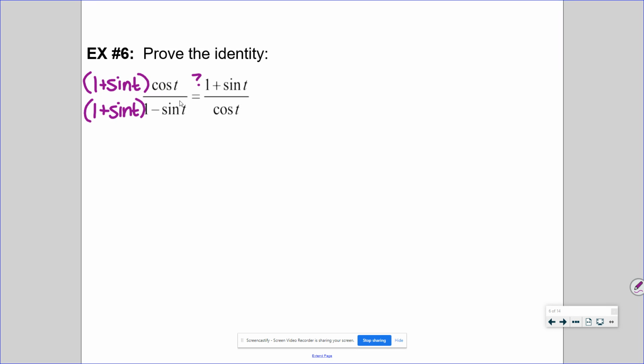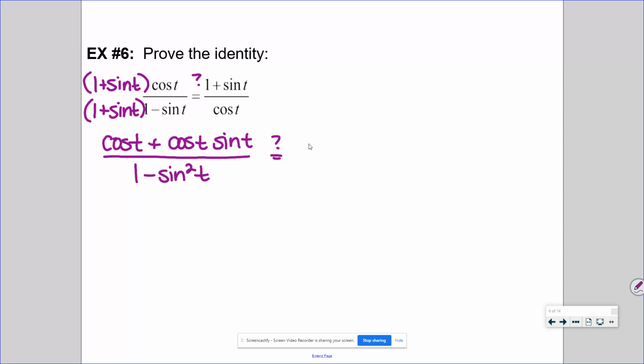This is just a way to rewrite it a different way and maybe give you more options. So I'm going to multiply by the conjugate on the top and the bottom. Okay, so on the bottom, I would end up with 1 minus sine squared of t, because the middle terms would end up canceling there.